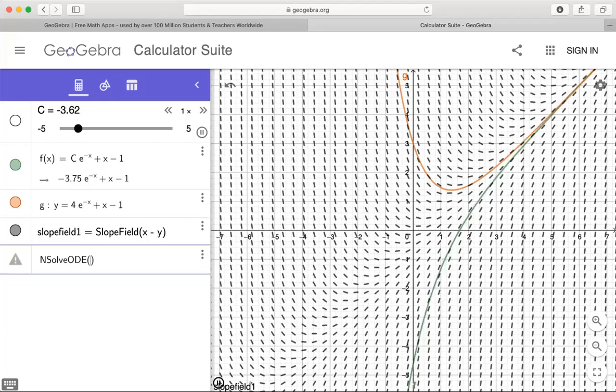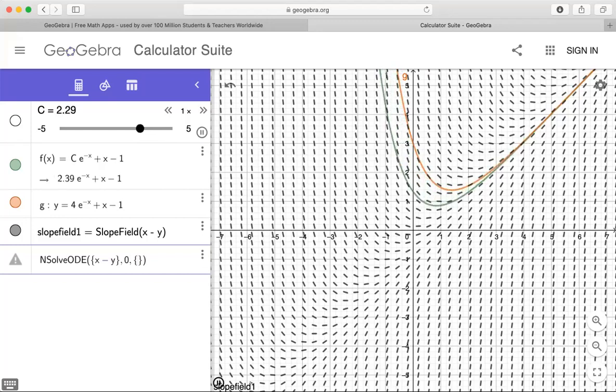Okay, so let's do the list of derivatives. We use curly brackets for that, curly braces. So we get x minus y, that's our list of derivatives. Our initial x, let's do 0. We have to give a list of initial y values.